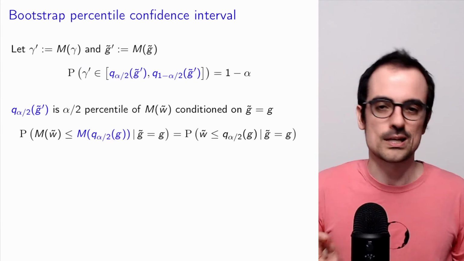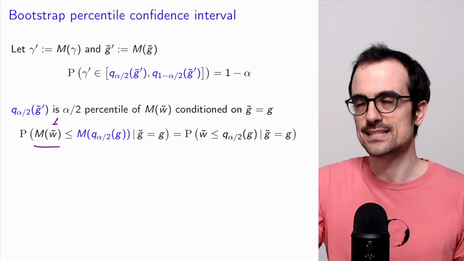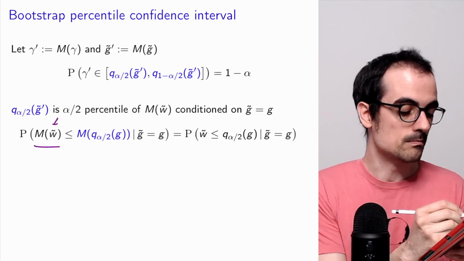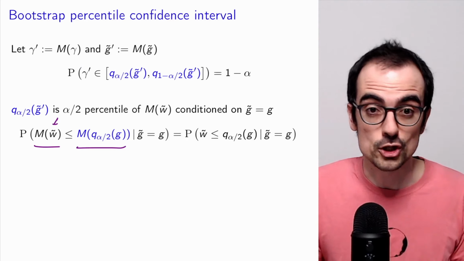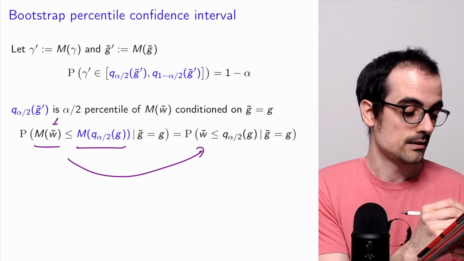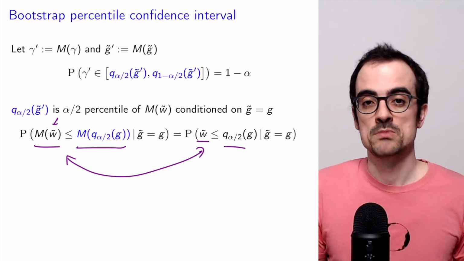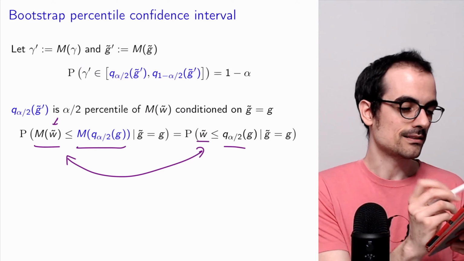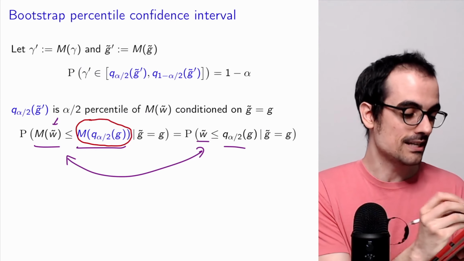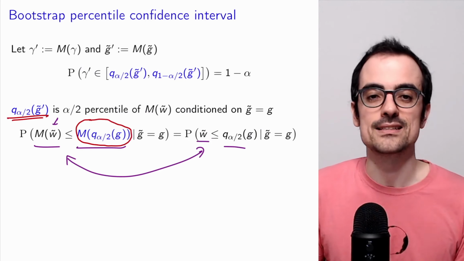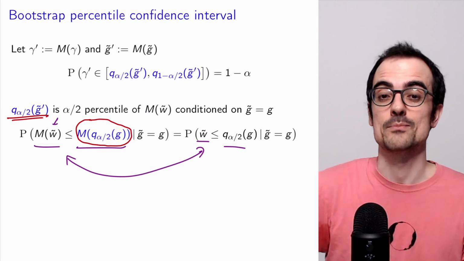But the idea is that if M of W, where W represents bootstrap estimates of the estimator, is smaller than M of Q, because the transformation is monotonic, this immediately implies, and the implication is in both directions, that W is smaller than or equal to Q. Because of that, this means that M of Q alpha half is actually equal to the alpha half percentile of the bootstrap estimates after applying the monotonic transformation.